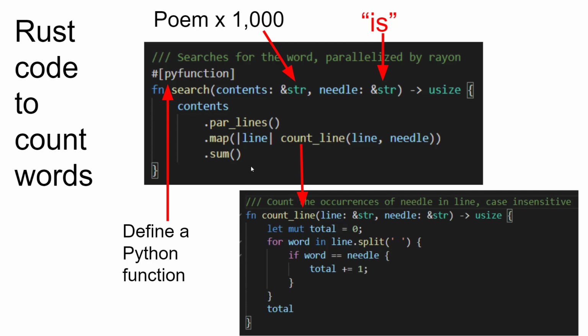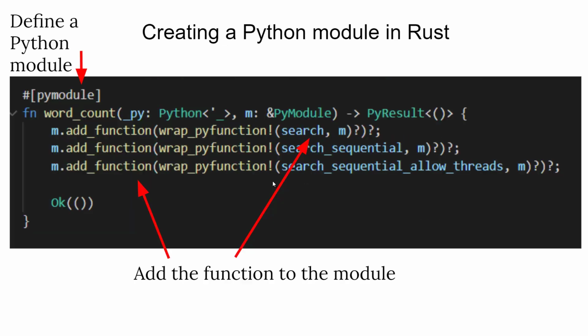Well, we've seen the function, but how does it end up in the module? How in Rust do we represent a Python module? And PyO3 simplifies that too by allowing you to define a module with another attribute, and we can define the word count module using these keywords, and then all you do is just add the functions that you want in the module.